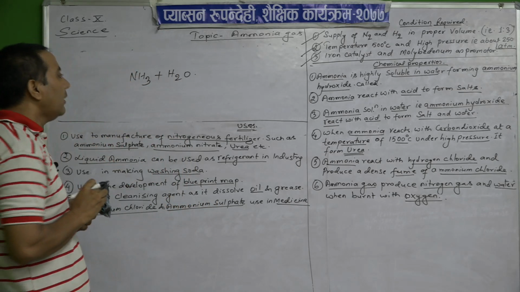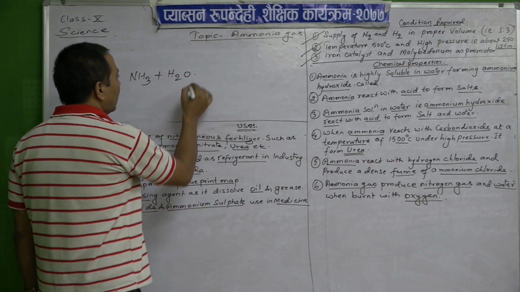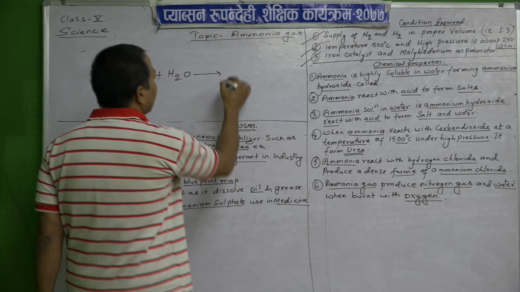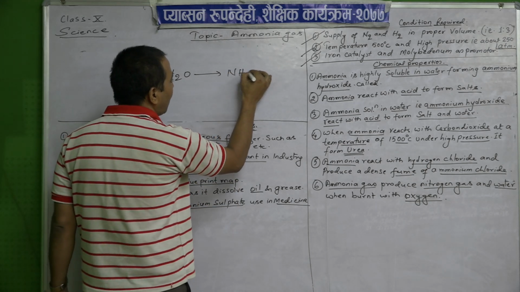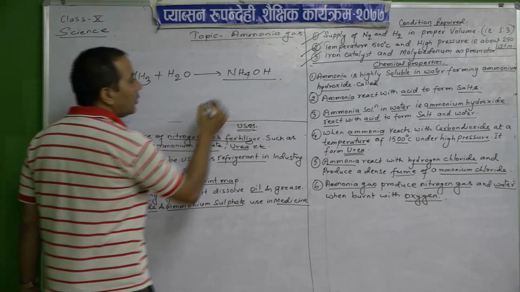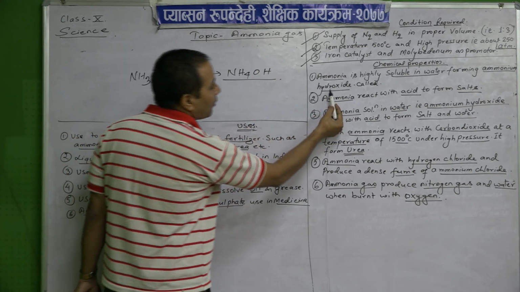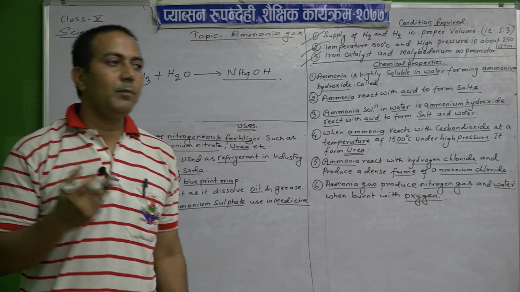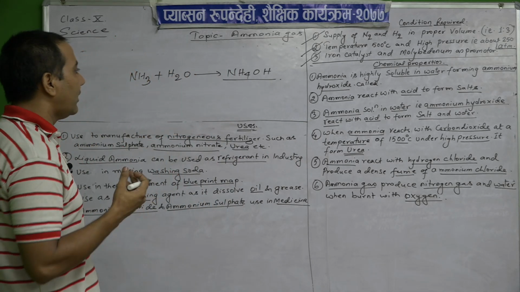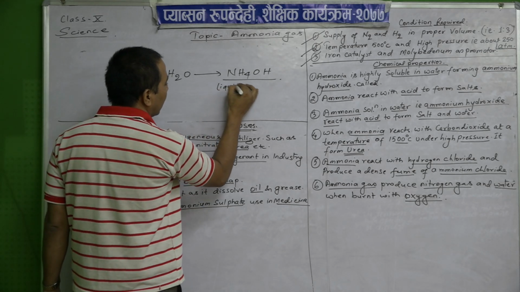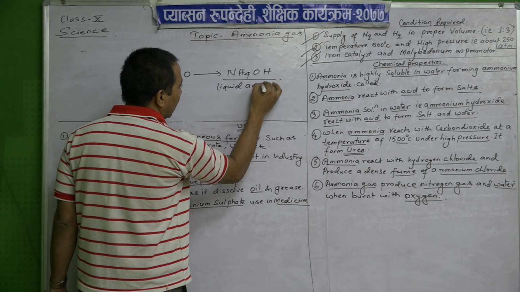We have not kept it over water. So what will it form then? It will form ammonium hydroxide, NH4OH. It is also known by another name, that is liquid ammonia.